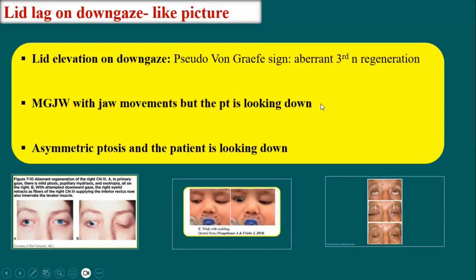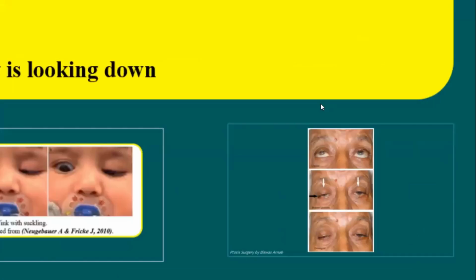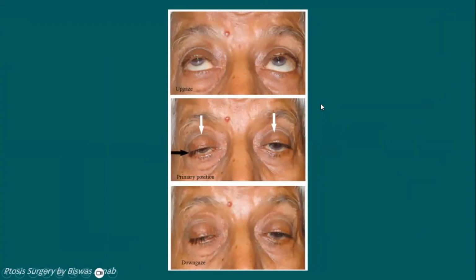Another one: this patient has involutional ptosis, but it is asymmetric, so it's more on the right side. If you study involutional ptosis, you will find that in some patients, when they are looking down, there's relaxation of the levator by nature.